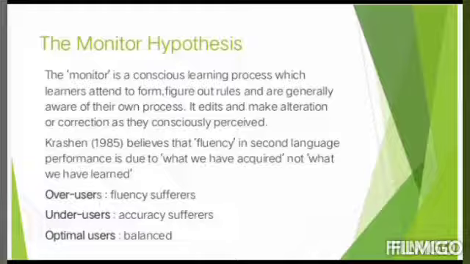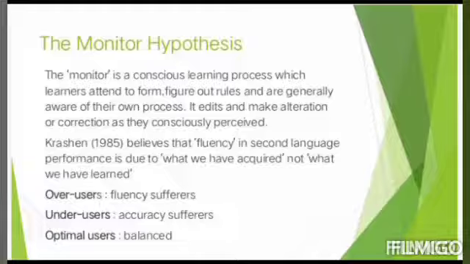Krashen also suggests that there is an individual variation among language learners with regard to monitor use. He distinguishes those learners that use the monitor all the time, called overusers or fluency sufferers.